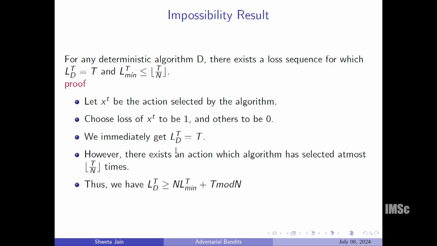That is your best arm, and the best arm's loss will be less than or equal to T by n, because this arm has been pulled less than or equal to T by n rounds. So your regret will be T minus something less than or equal to this. So regret will be greater than or equal to T minus T by n. You do this, you will get this. What I am interested in is this particular term: you cannot do better than n into LT min. This is easy. Is it okay? Sure? Okay, good.